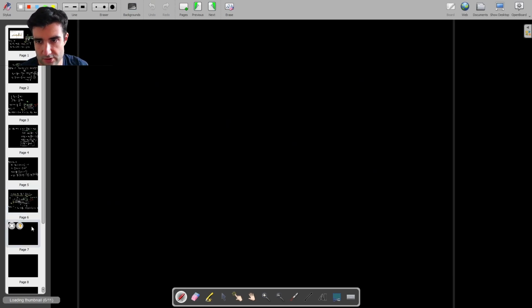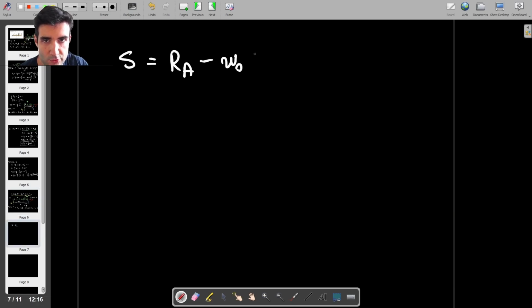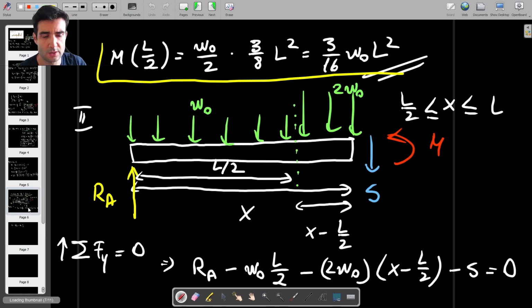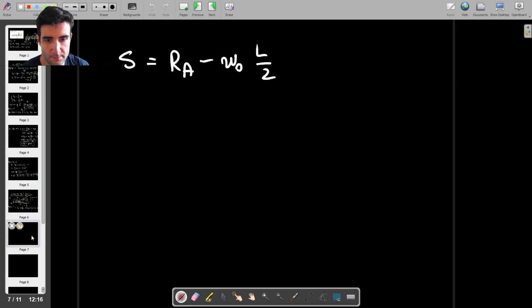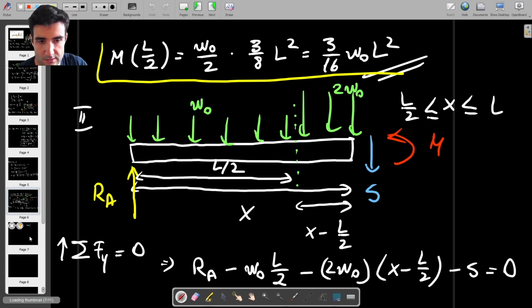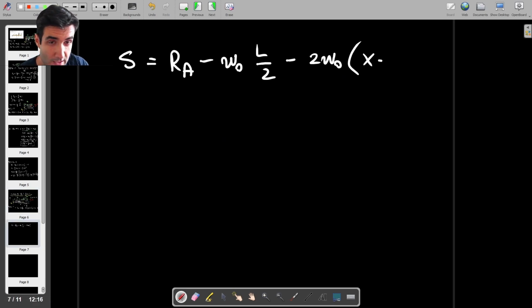So let's rearrange and see what we get. So the shear force is equal to RA minus W naught L over 2. So all I'm doing now is moving the shear force to the other side. So we have RA minus W naught L over 2, and then minus 2W naught, and then the remaining is X minus L over 2, like this.